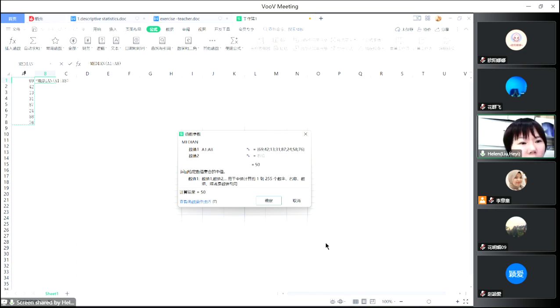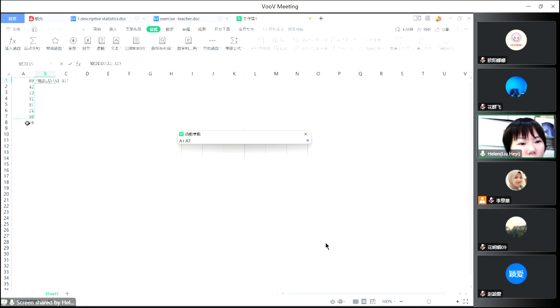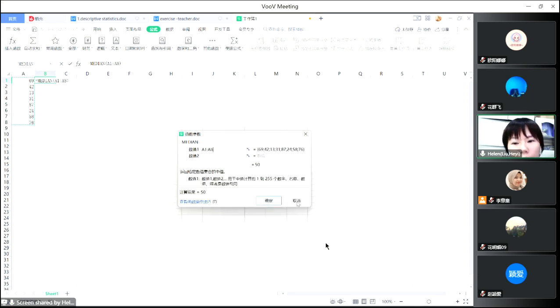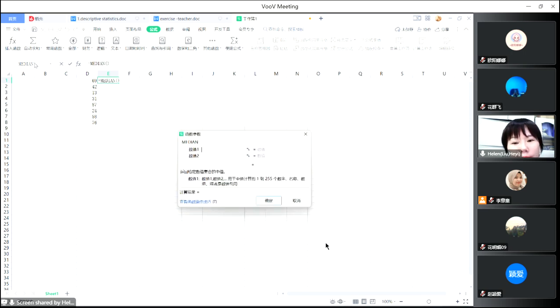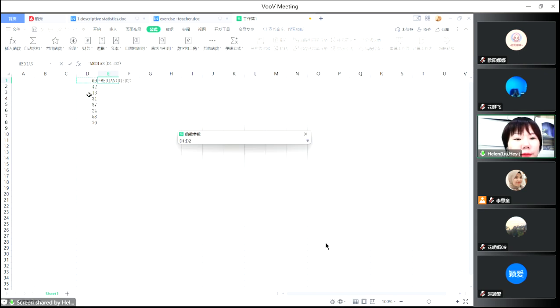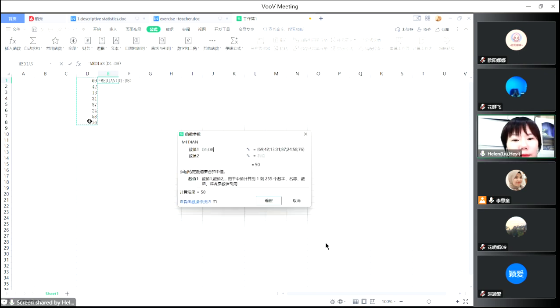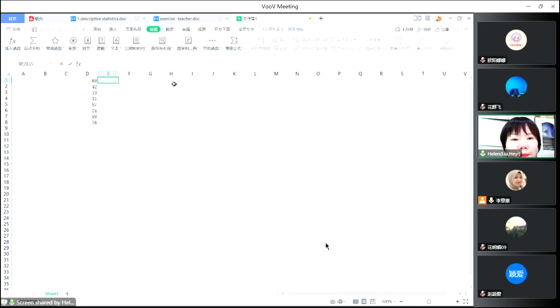I think this may have some formula. Do you have SPSS on your computer? No, sorry. Oh, okay. This calculates the median, and we can also calculate the sum.